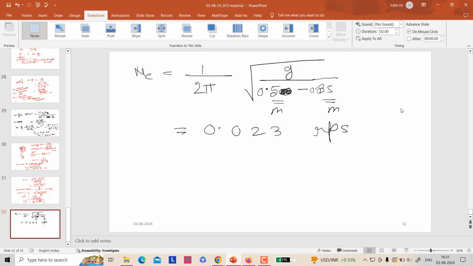So 0.5 minus 0.035 and 9.81 divided by this is 0.73. Yes.